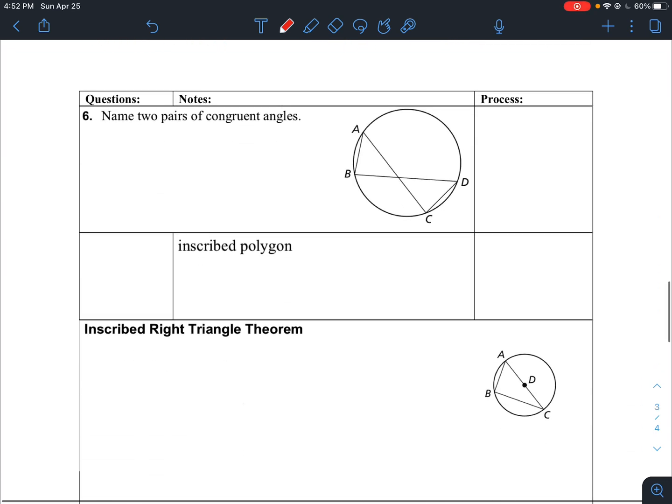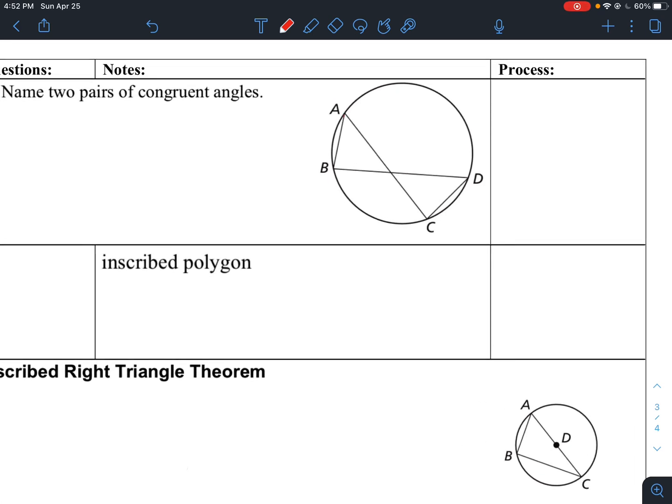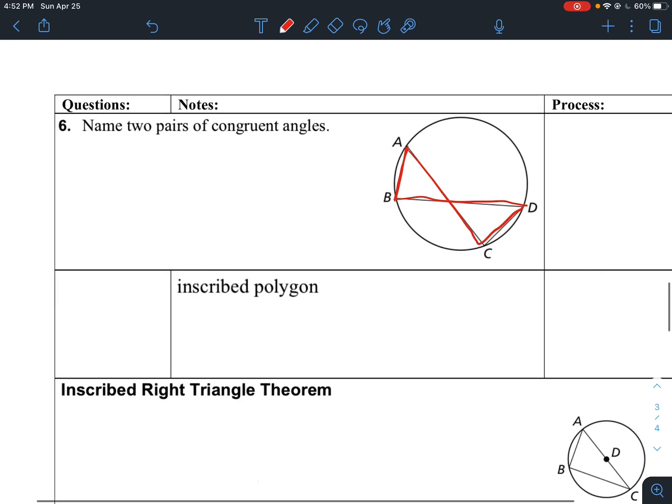And then for this one, I think we can go over it. So name two pairs of congruent angles. Well, I notice here that this angle right here would have to be congruent with this angle right here because they share an intercepted arc. So let's say angle ABD is congruent with angle ACD. Okay.